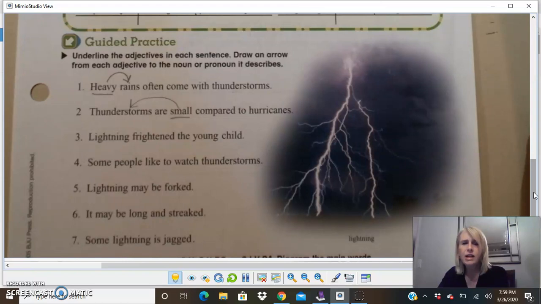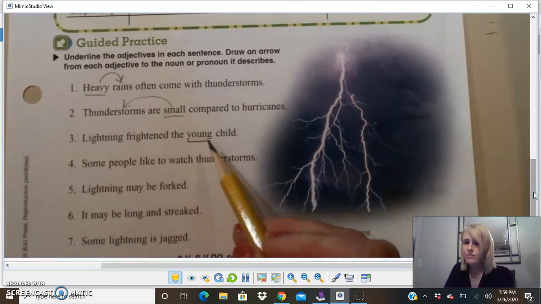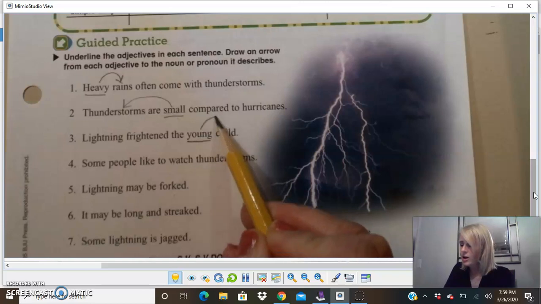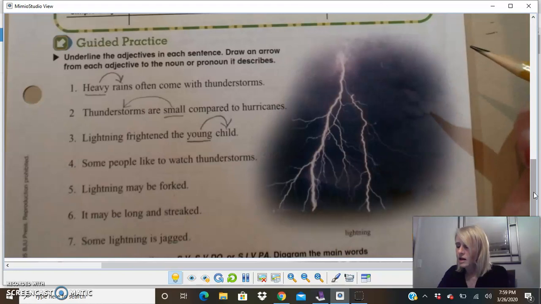Let's look at number 3. Lightning frightened the young child. So young is the adjective, and young is describing the child.